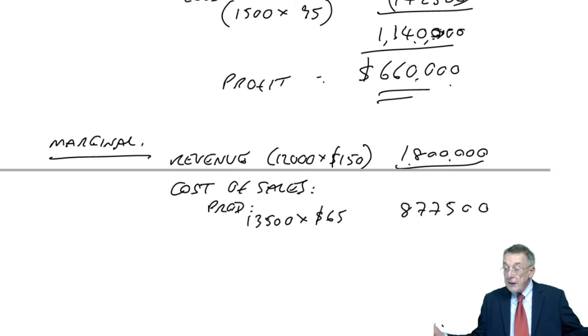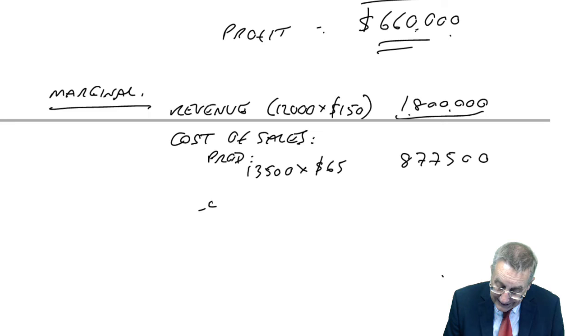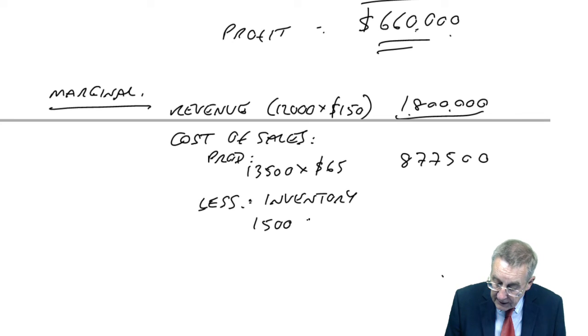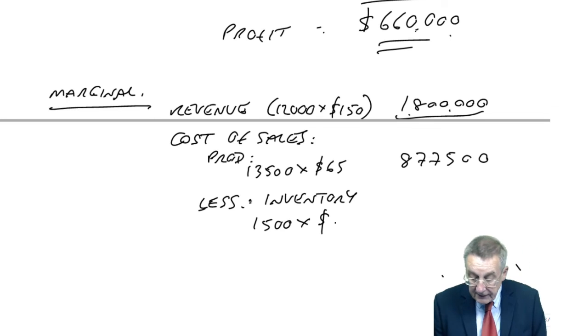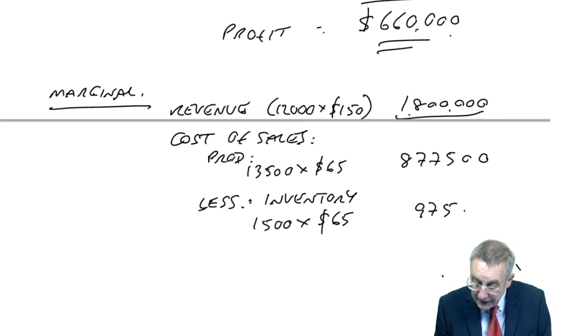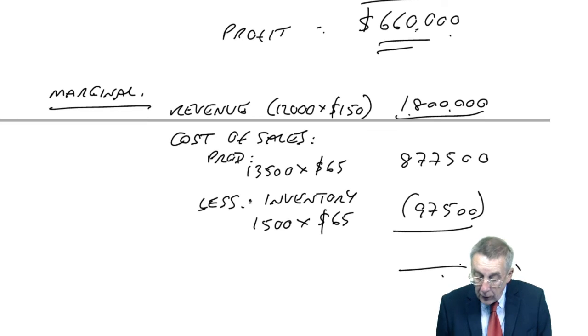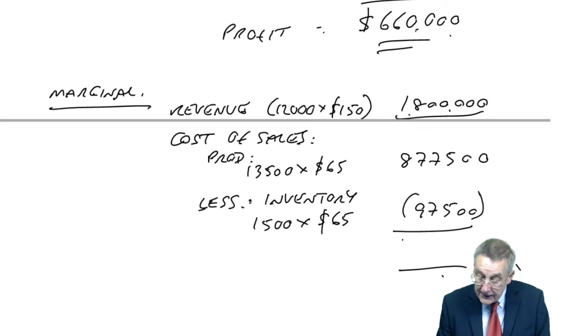But that's the cost of the 13,500 produced. Subtract the inventory. Again, 1,500 units in inventory, but of course, under marginal, they're valued at the marginal cost of 65, which is 97,500. Therefore, the cost of sales this time is 780,000.